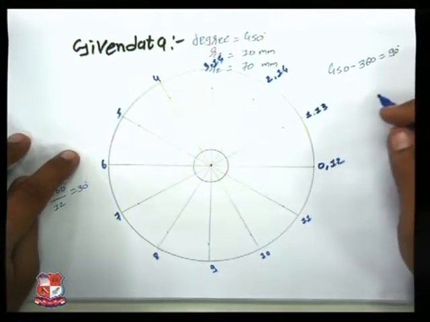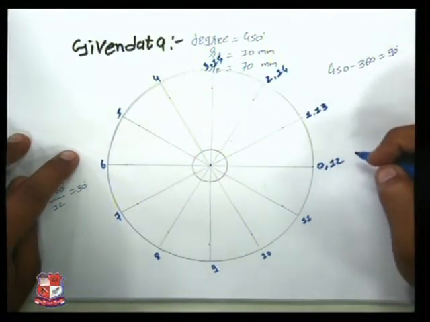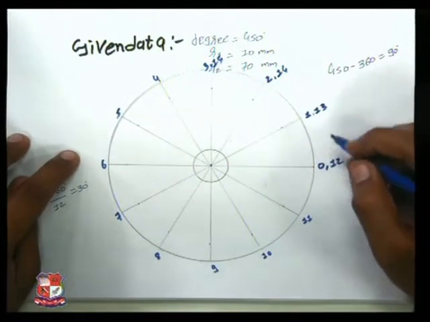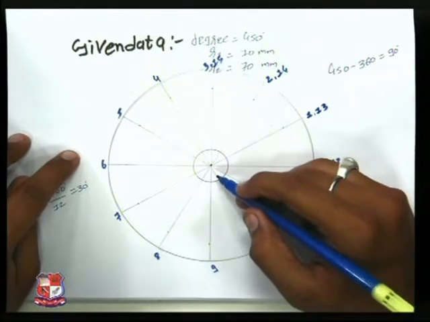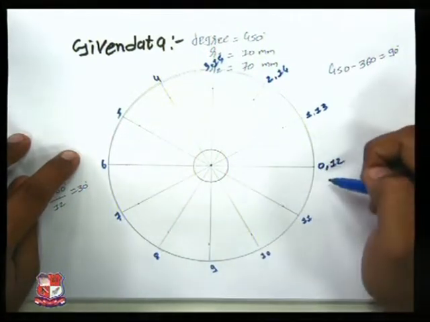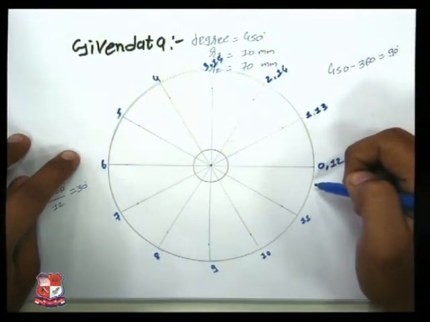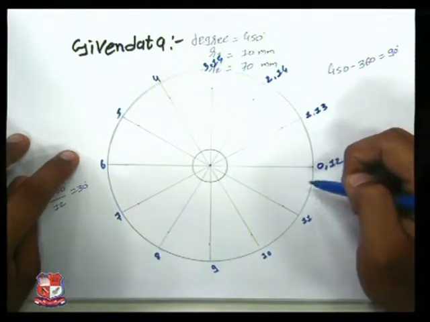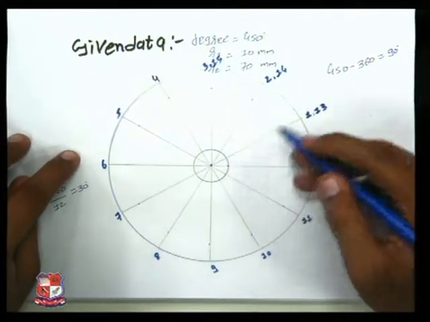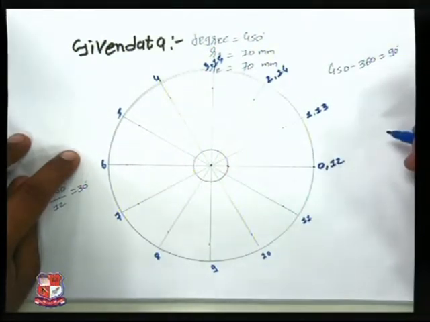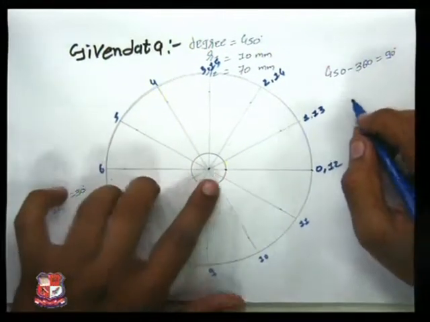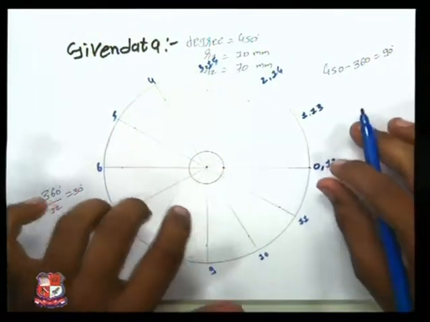Now we need to start drawing the Archimedean spiral. How are we going to do it? We have this inner circle of radius 10, outer circle of radius 70. So this distance would be 60 mm.